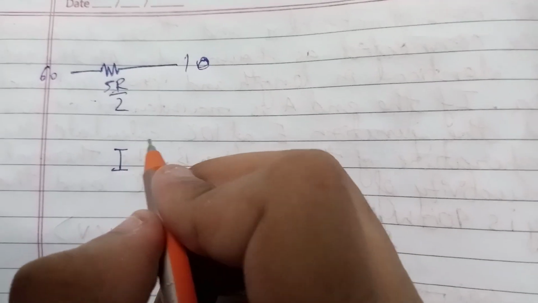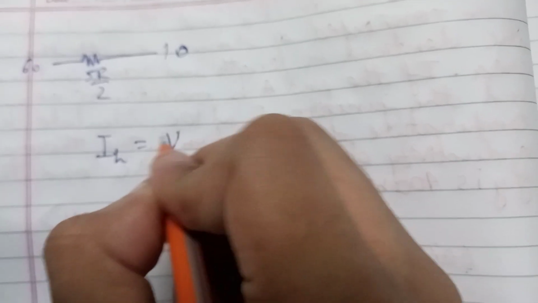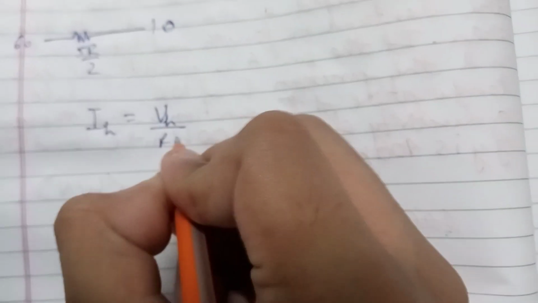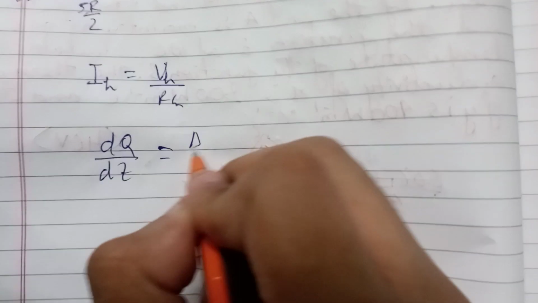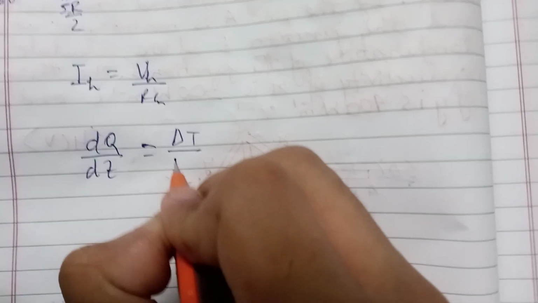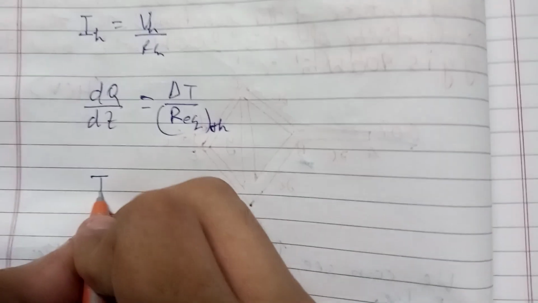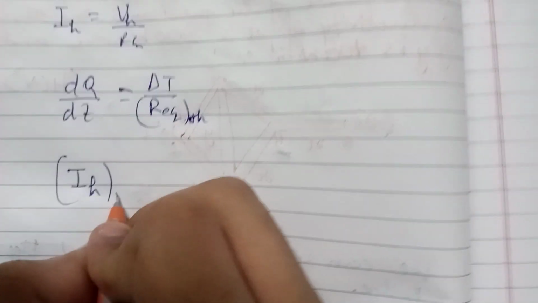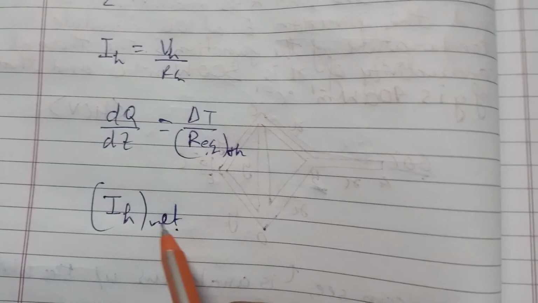Now as we know, the Ohm's law analogy for thermal heat transfer is I_H equals V_H by R_H, which is dQ by dt equals delta T by R equivalent thermal. So we'll let this just be I_H net. Since the R equivalent is for the whole circuit, the I will be for the whole circuit.